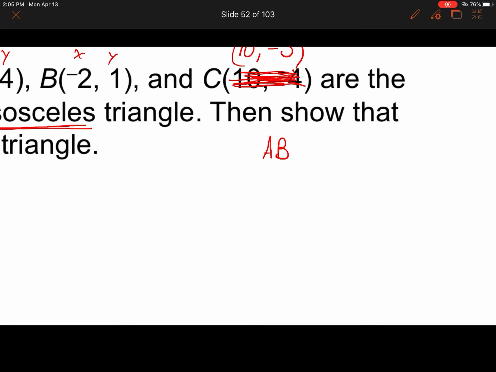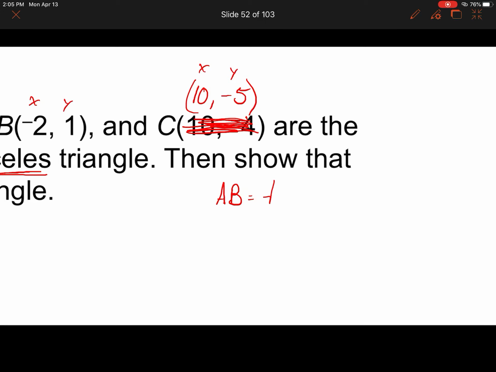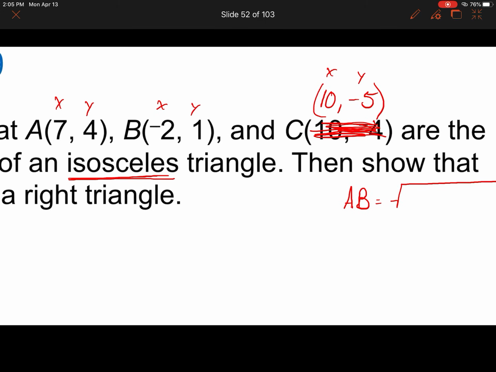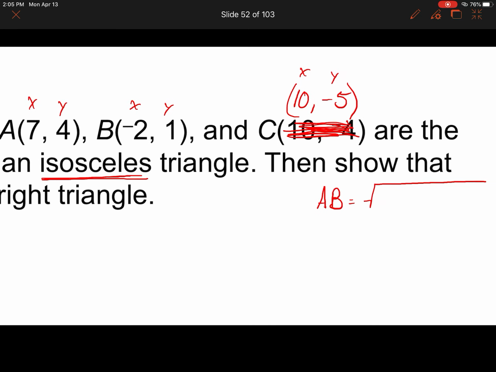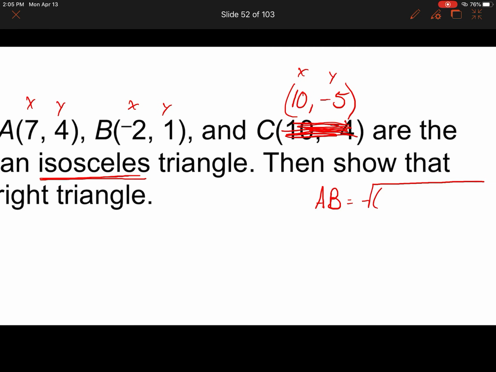And so the first thing we're going to do is find the distance between points A and B. Now, let me zoom this in a little bit so we have some room here. So the distance is the square root, again, there's my 2 points, of x sub 2, which is -2, minus x sub 1, which is 7, squared, plus y sub 2, which is 1, minus y sub 1, which is 4, squared.